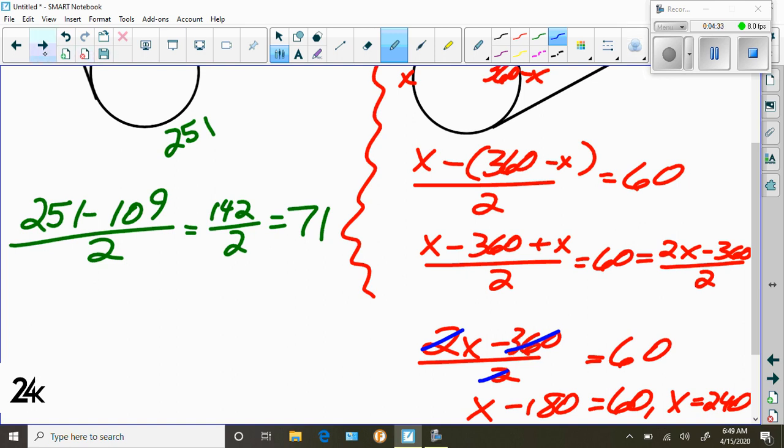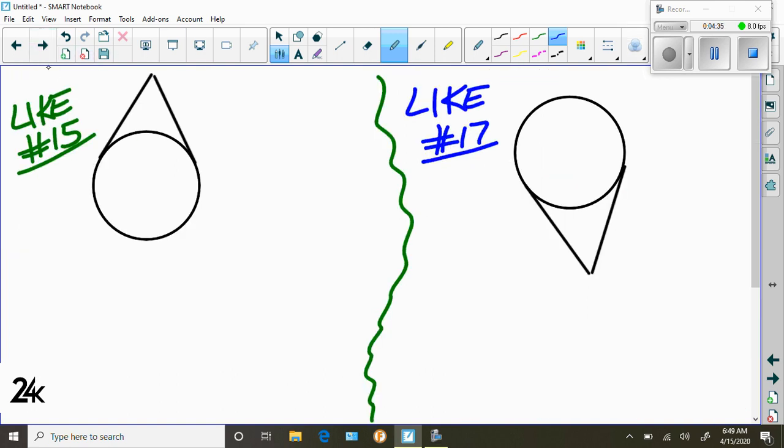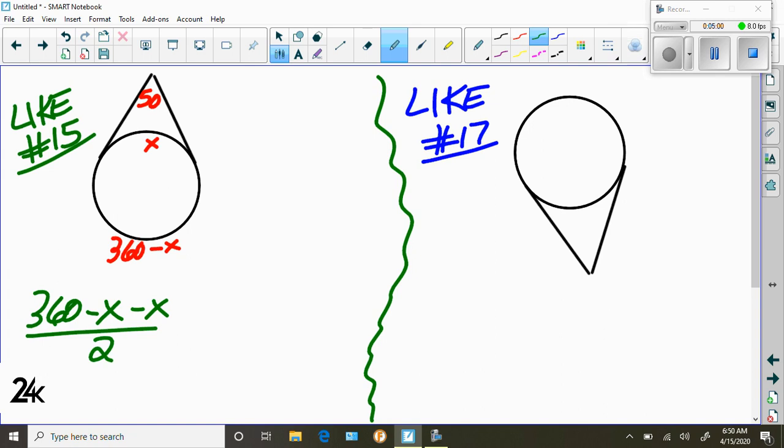All right, here's a problem like number 15. This is 50, and this is x. And you're like, oh no, how do I do this one? Well, if that's x, this is 360 minus x. Okay, so then it's big minus small, big minus small divided by 2 equals the answer.